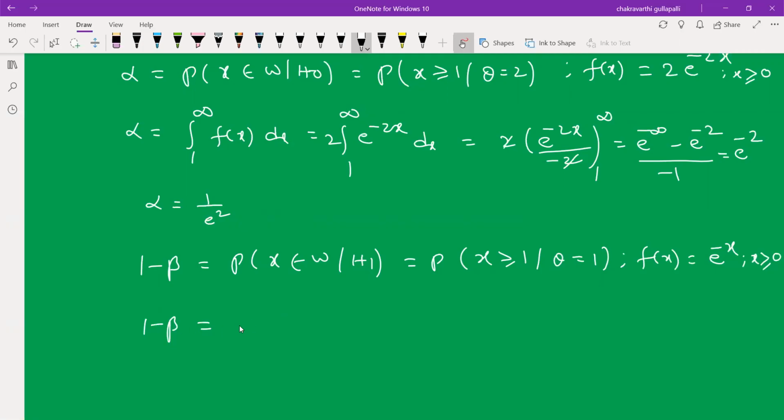1 minus beta is equal to the integral from 1 to infinity of f of x dx, which is the integral from 1 to infinity of e power minus x dx, giving e power minus infinity minus e power minus 1 by minus 1. The result is e power minus 1.